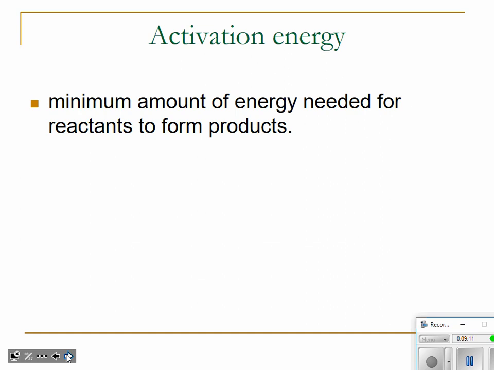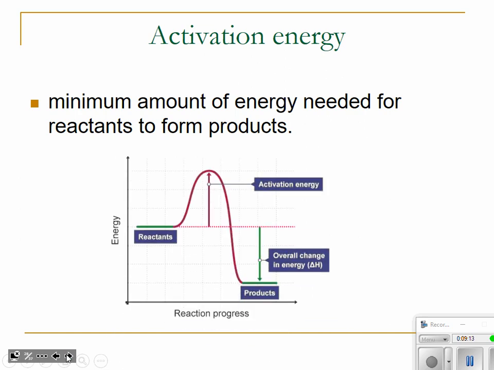So if I look at this diagram, right here are the reactants. Right here are the products. And in order to go from reactants to products, we need this amount of energy right here.